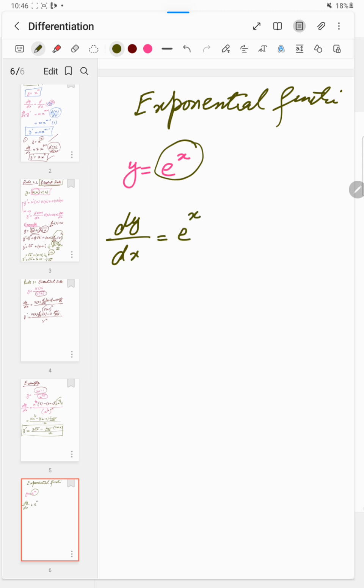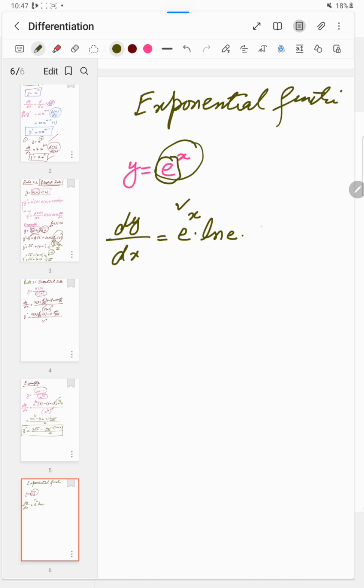Now we have to take log of the base. In this case, the base is e, so we have to take log of e. So the first one is the exponential function, which will be as it is, the second one we take log of the base, which is e.